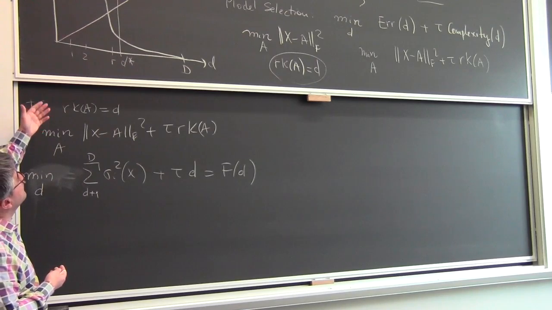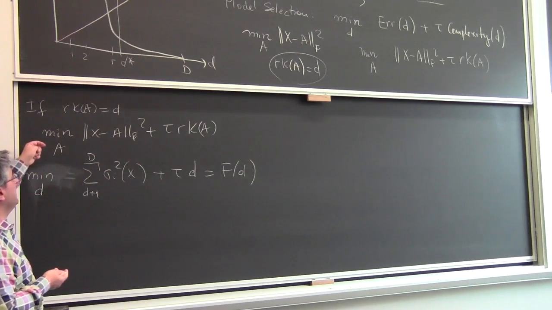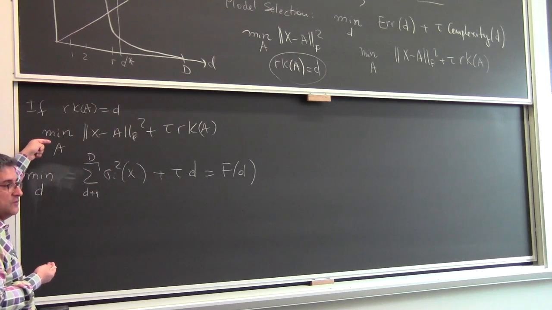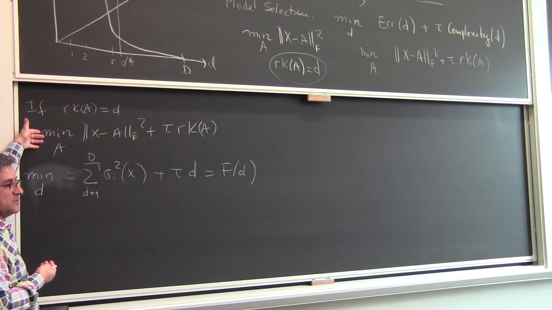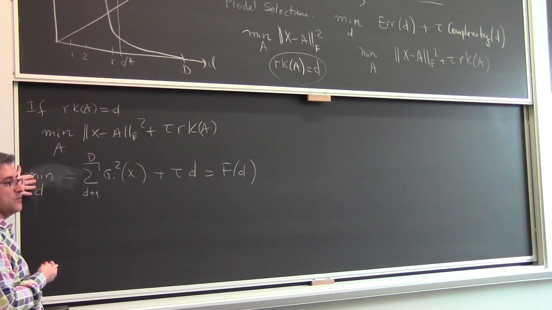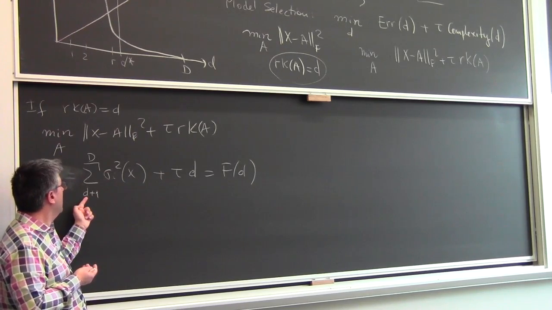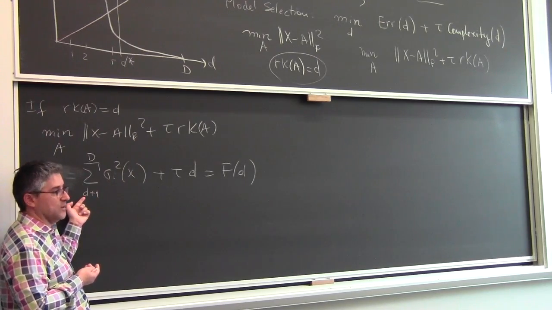But the beauty of the PCA theorem is that we know that for each fixed rank, PCA gives us the optimal solution. And the optimal solution is obtained from the SVD, as we have done over and over. So I can reduce the optimization from all possible matrices of all possible ranks to just optimizing over the rank, because for each fixed value of the rank, I know that the optimal solution is given by the SVD, and I know that the reconstruction error for a fixed rank is exactly given by the sum of the squares of the singular values from D plus 1 onwards.